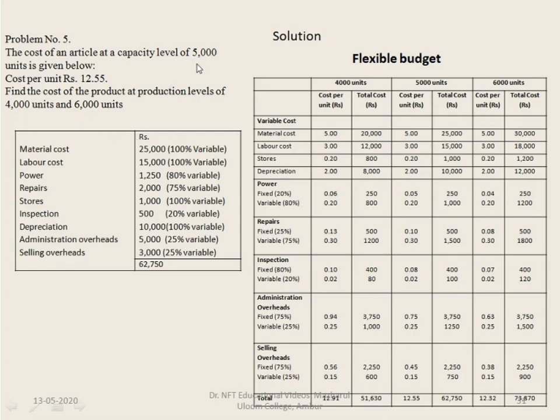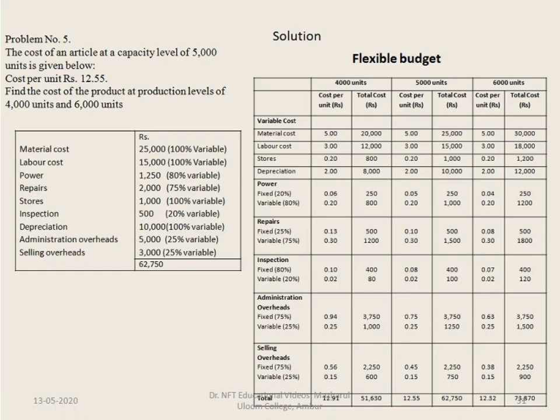You are given the details of 5,000 units and you are asked to find out for 4,000 as well as 6,000 units. Here you can see that 25 per thousand is given. It's the cost for 5,000 units. And see what is the percentage of variable is given for each item.